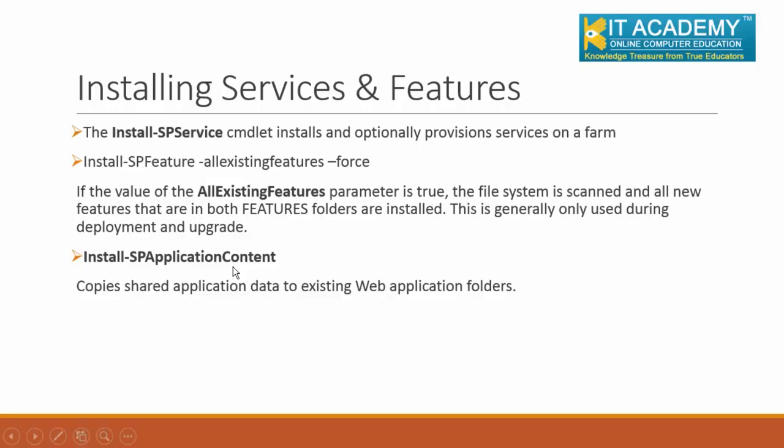Also, you have to run another special cmdlet called Install-SPApplicationContent, which actually copies all your shared applications data to your existing web applications folders. So now let's go back to the SharePoint 2013 Management Shell and run these 3 install cmdlets.